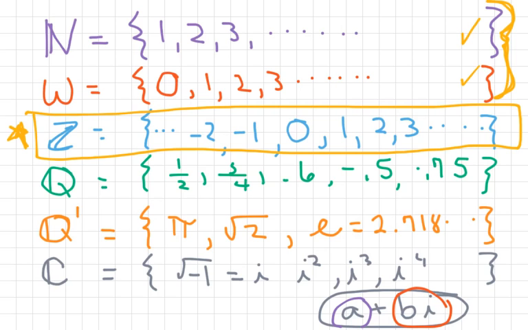Let's write all this out. We have the natural numbers. And this is called blackboard bold. When I'm doing this double line here, it represents the number system, or the numbers in the number system. This is the naturals.